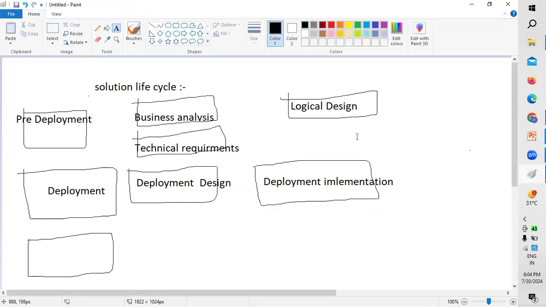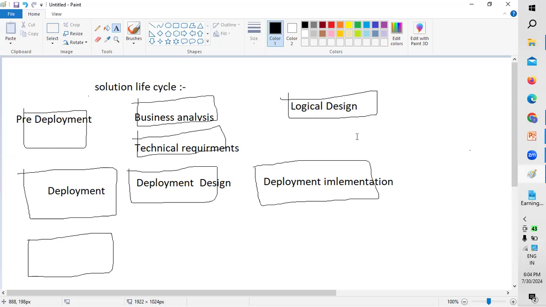Now, when you talk about the deployment design, majorly whatever the deployment architecture, because if you want to deploy any application, deployment architecture has to be created. So the deployment procedure has to be created, right? So what are the deployment procedures, and what are the things to be taken care of? Either it can be an on-premise application, where the kind of deployment we do is by integrating our application systems, which is very important.